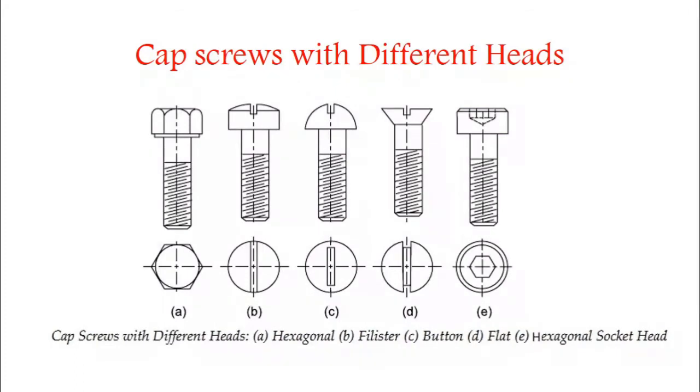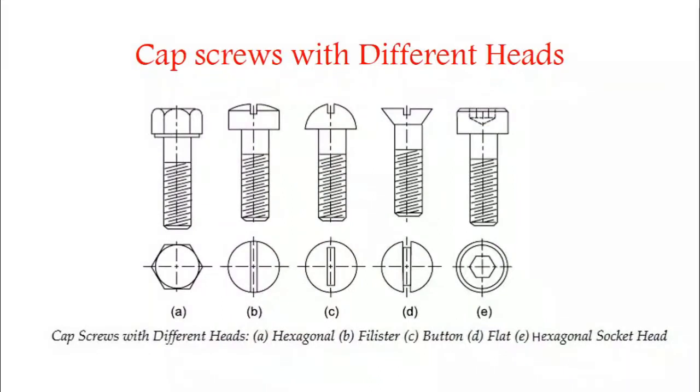Cap screw heads which are tightened internally and from the end face are shown in figures B, C, D and E. They are called Pfister, button, flat and hexagonal socket heads.